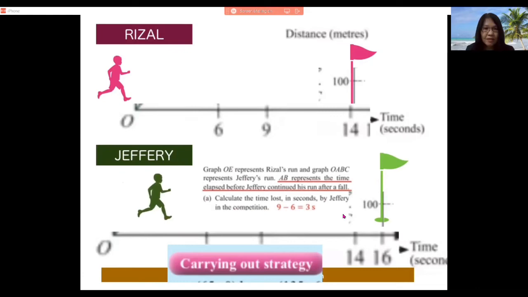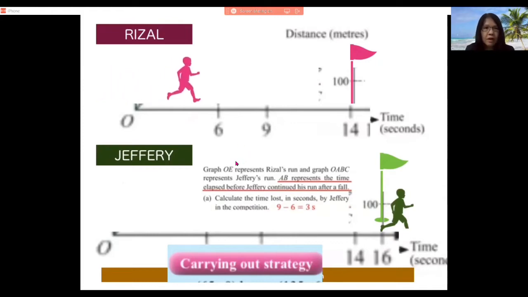At 50 meters, Jeffrey fell down here. Then he continued his journey and completed the whole journey within 16 seconds. How about Reszul? He ran very fast and completed the 100 meters within 14 seconds.